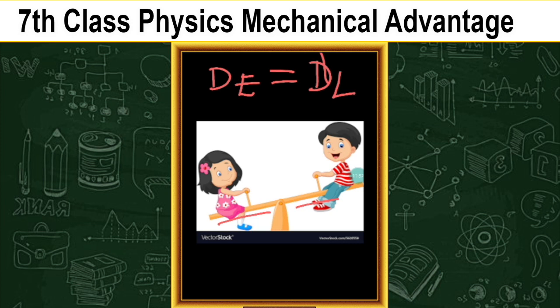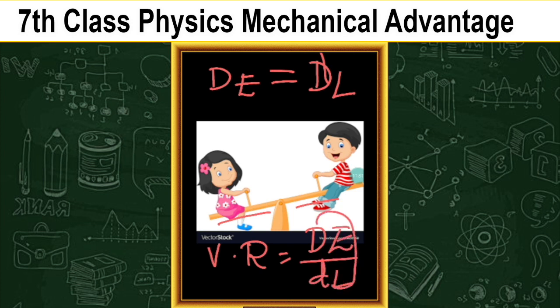Distance moved by the effort and distance moved by the load are equal. So in the formula of velocity ratio d_E by d_L, if these two are equal, what velocity ratio value will we get? It will become 1.